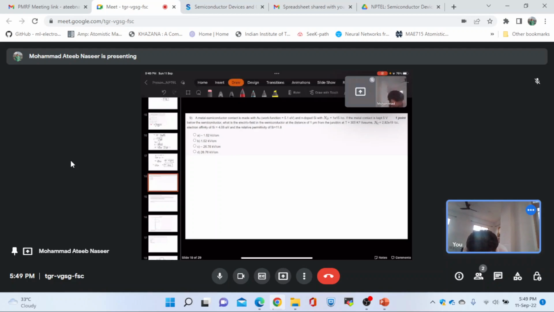The electric field inside the semiconductor, as a function of x, will be Q times N D by epsilon s times (x d minus x), where x is some arbitrary distance from the junction and x d is the depletion width.